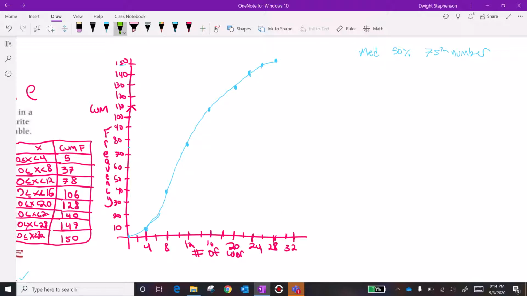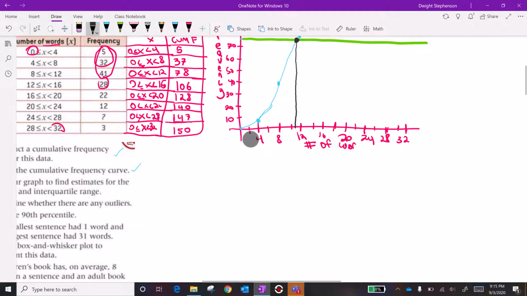If I draw a line going straight across from 75, I can see at this point here that's where the 75th data point occurs. If I go straight down, I can see that that occurs at maybe 11. So we're going to estimate that the median is 11.